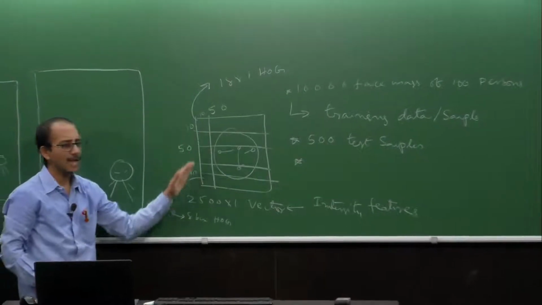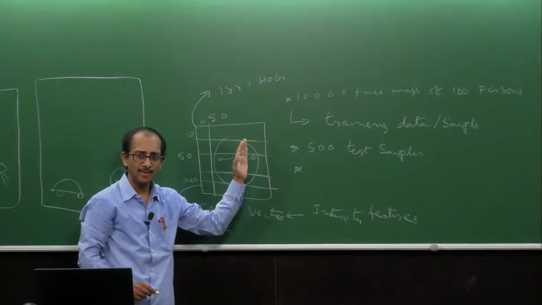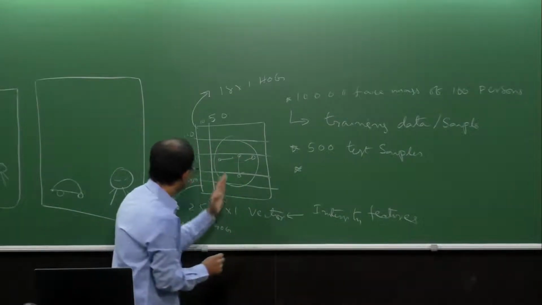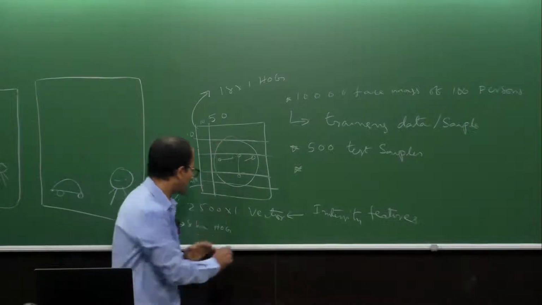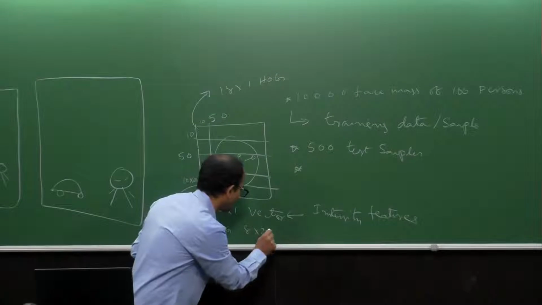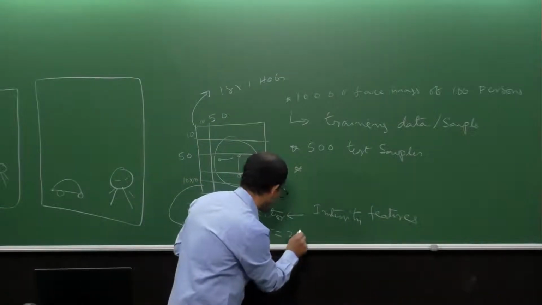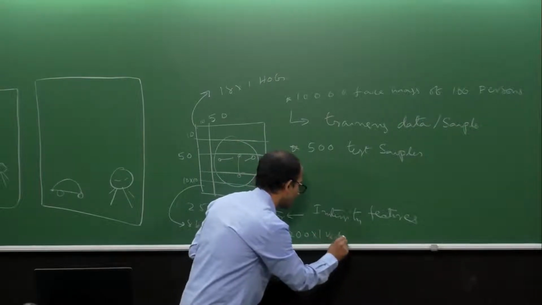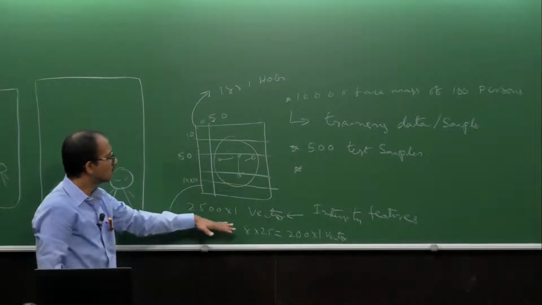Then what will be the dimension of the HOG vector for the whole 50 cross 50 face image? 2000, oh sorry, how much? We actually have 8 into 25, that is 200, yeah, 200 cross 1 HOG vector again.